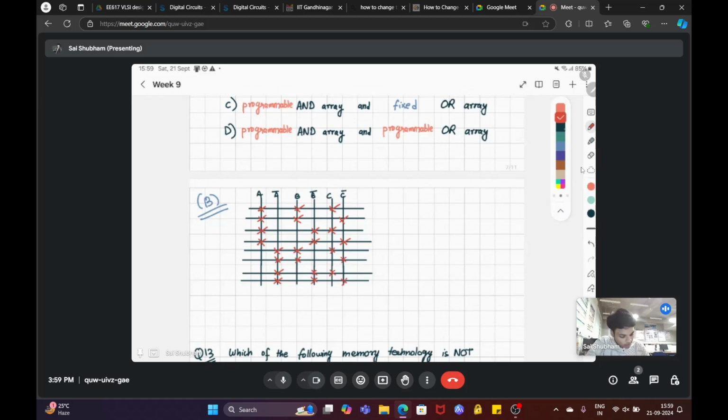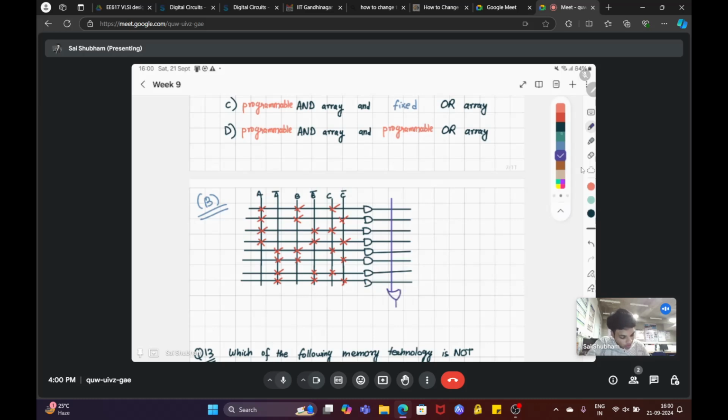So these are all possible combinations. This will go through and get, and this will go through the OR gate.